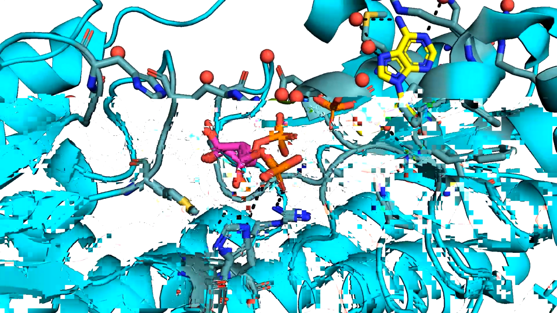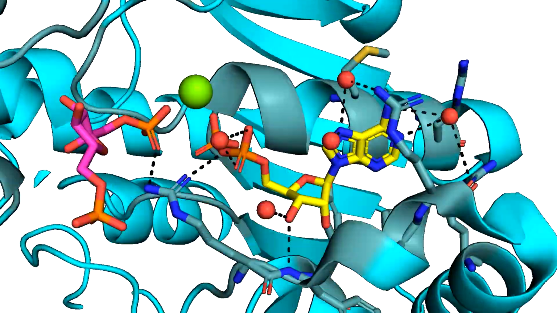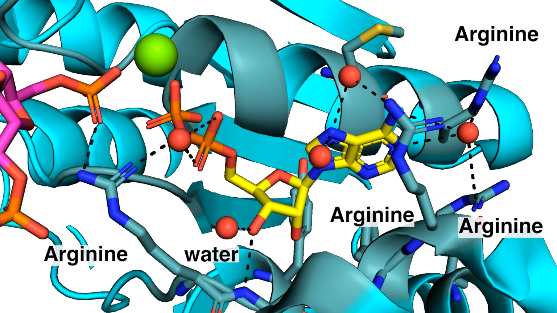And lastly, we can look at this ADP molecule, and you can see in the region on the left, there's an arginine residue that has a positive charge, and that interacts with a water that then interacts with the phosphate molecule. So that's going to coordinate those. There's also a water molecule associated with one of these hydroxyl groups on the ribose sugar of this ADP molecule.